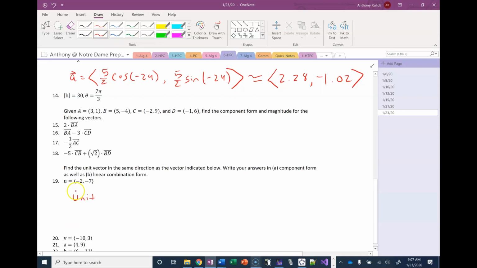So my unit vector in the same direction of u can be found by doing this. The first thing I'm going to do is just calculate the magnitude of u. So that should be square root 53. So I have 1 over the square root of 53 times <-2, -7>.